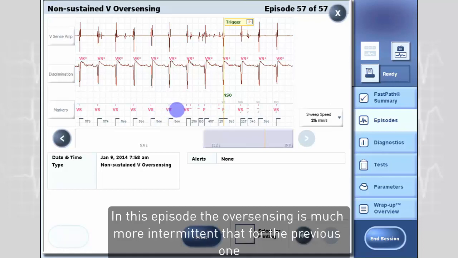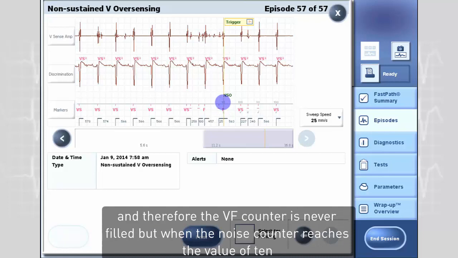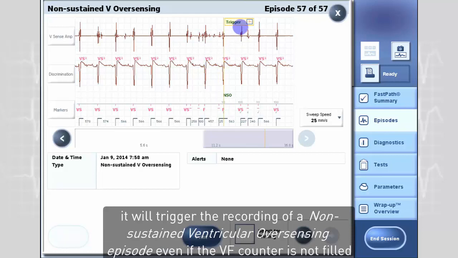In this episode, the oversensing is much more intermittent than for the previous one, and therefore the VF counter is never filled. But when the noise counter reaches the value of 10, it will trigger the recording of a non-sustained ventricular oversensing episode, even if the VF counter is not filled.